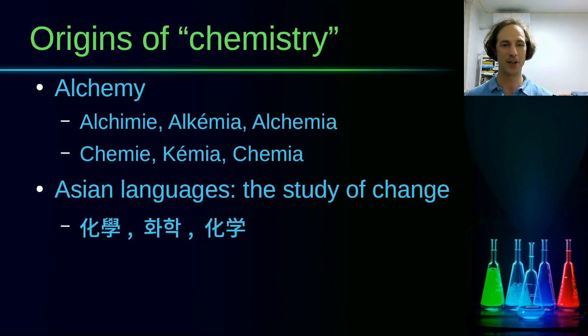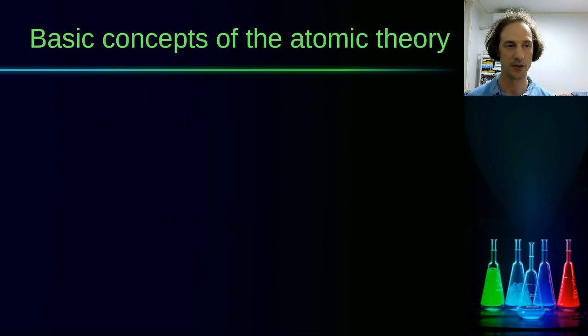And so chemistry is the study of change: the first character means change, and the second character means study. It comes to the same or very similar words, with the same origin, in Korean and Japanese also. And this is very fitting to chemistry, because indeed chemistry is trying to unveil how material properties change and how one material changes into another.